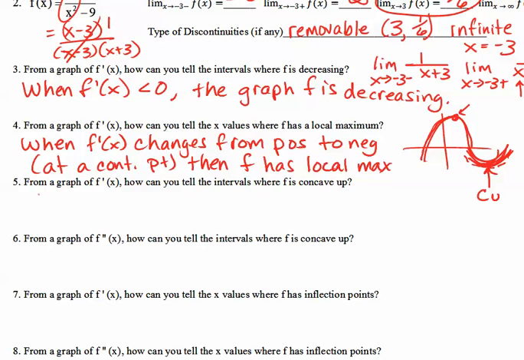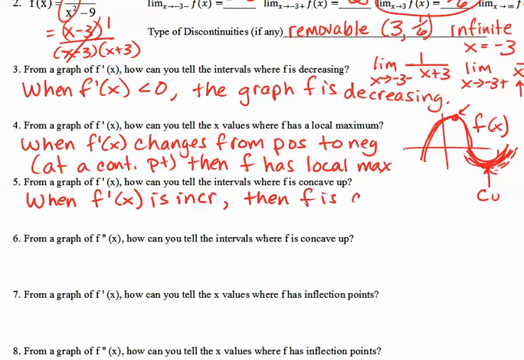So from the graph of f prime, so if this was our graph of f, by the way, here I don't want to confuse the issue. When the slopes of the original function are increasing, that's concave up. So when the slopes are increasing, that would mean f prime of x is increasing. When f prime of x is increasing, then f is concave up.